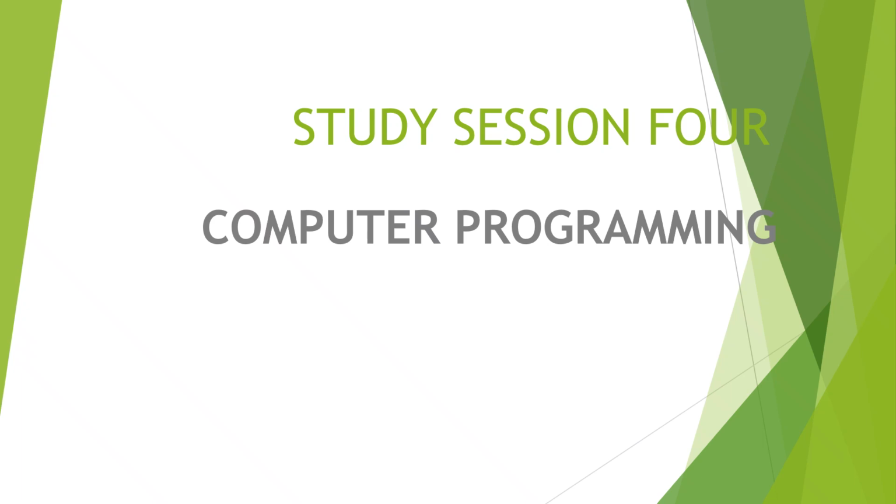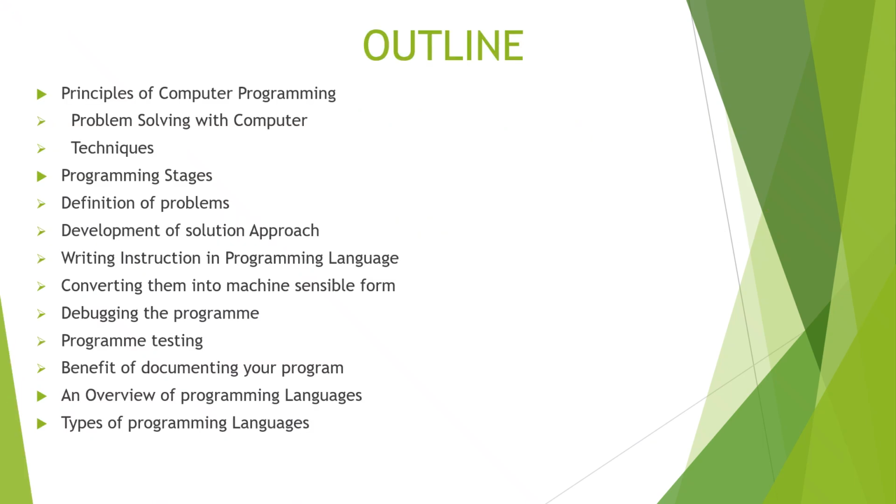These are the outlines of what we are going to be talking about in study section 4 before we move on to study section 5. We're going to be talking about principles of computer programming, and under that we'll talk about problem solving with computer. Then we'll talk about the techniques, and also programming stages.